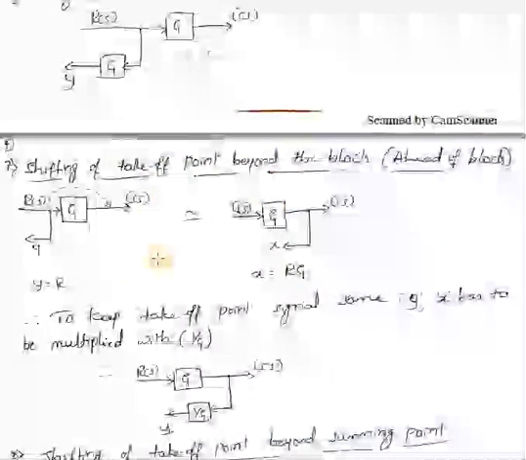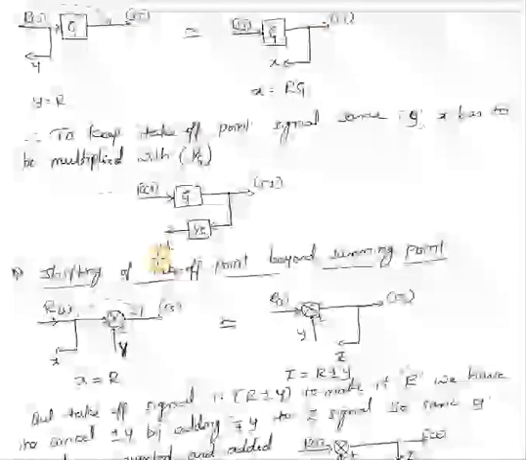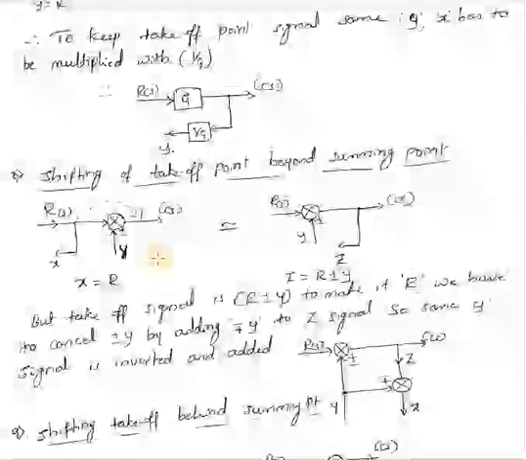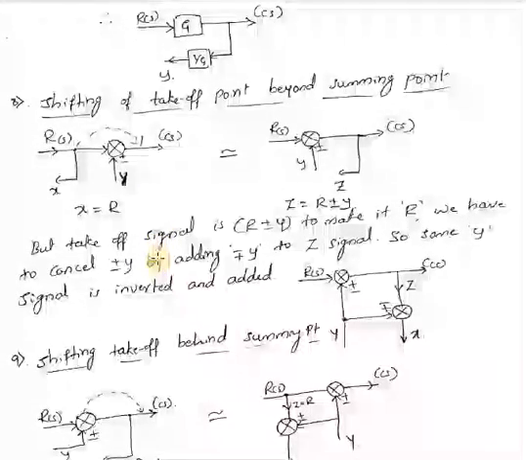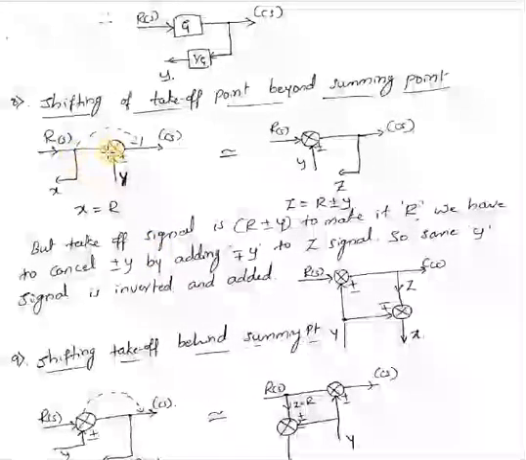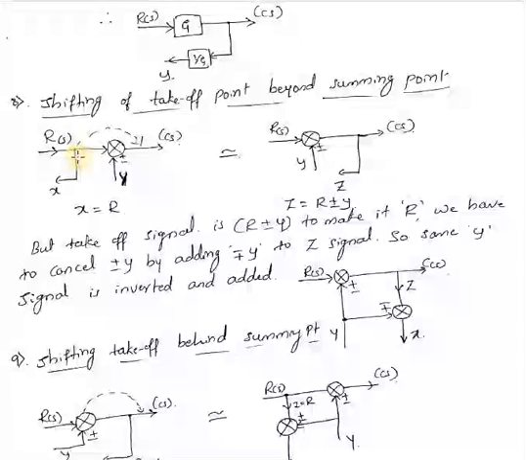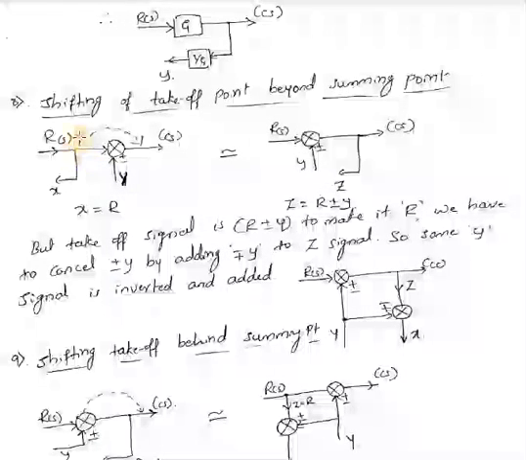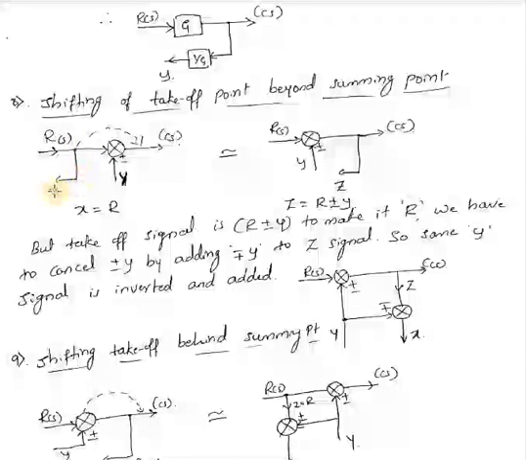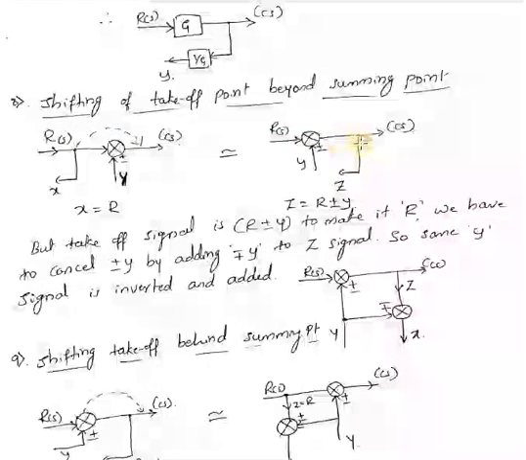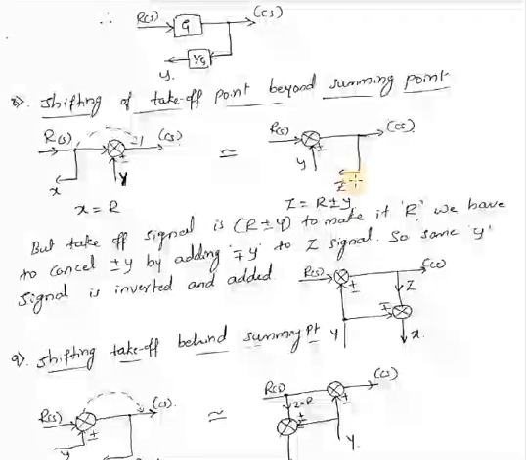The next one, the 8th rule, is shifting of takeoff point beyond the summing point. When there are two elements, that is summing point and takeoff point, if I want to shift this takeoff point after this block, initially its signal is R, but when you shift here it will become Z, that is R plus or minus Y will be the Z value.